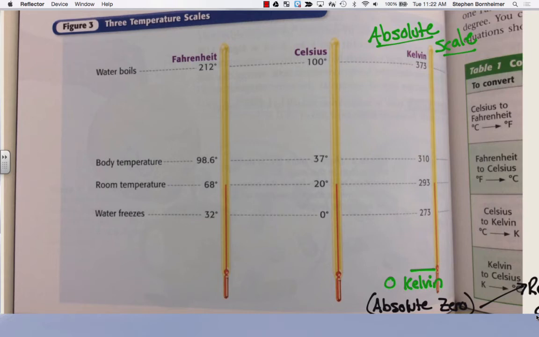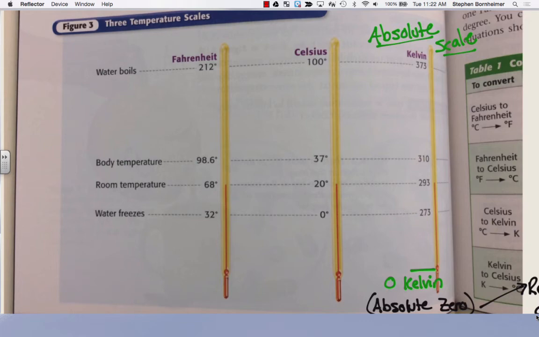When we developed temperature scales, we said, we know water is going to boil at 212. So whatever the energy of water boiling was, we assigned it 212. And then we assigned where it freezes an arbitrary value of 32. Believe it or not, we did this.